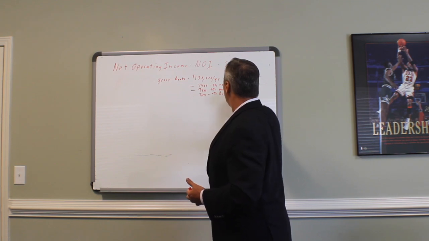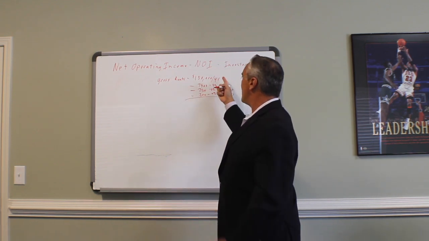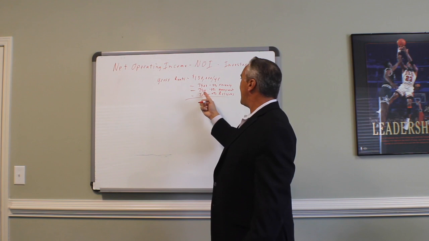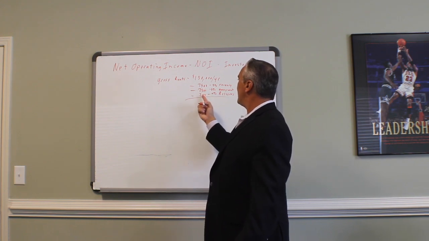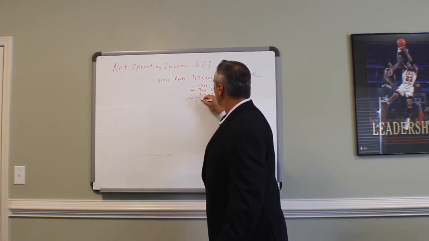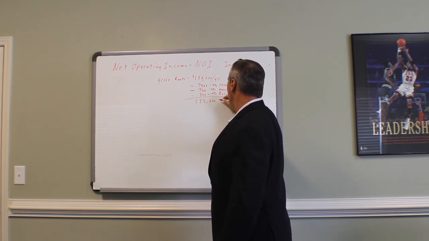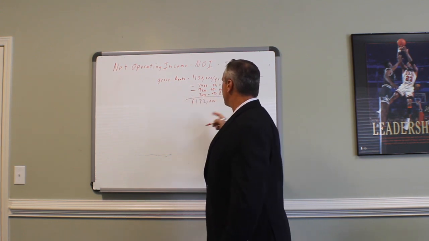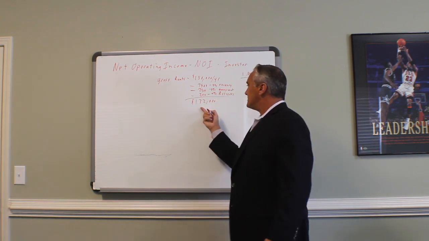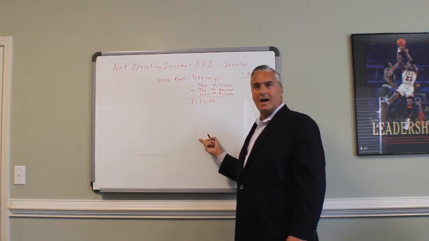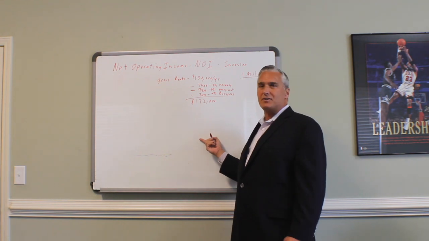As a rough guesstimate, instead of 150 gross, we're going to be at 135 minus 3, $132,000 available to pay any of the other expenses on the property. Now, what other expenses could there be?